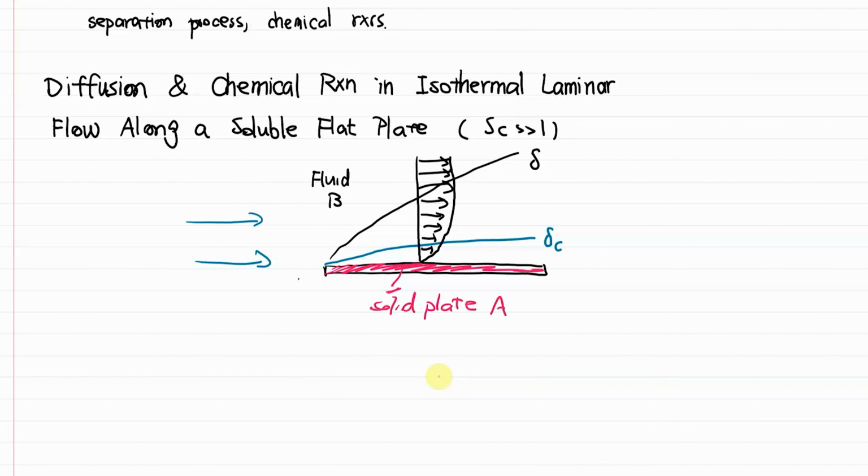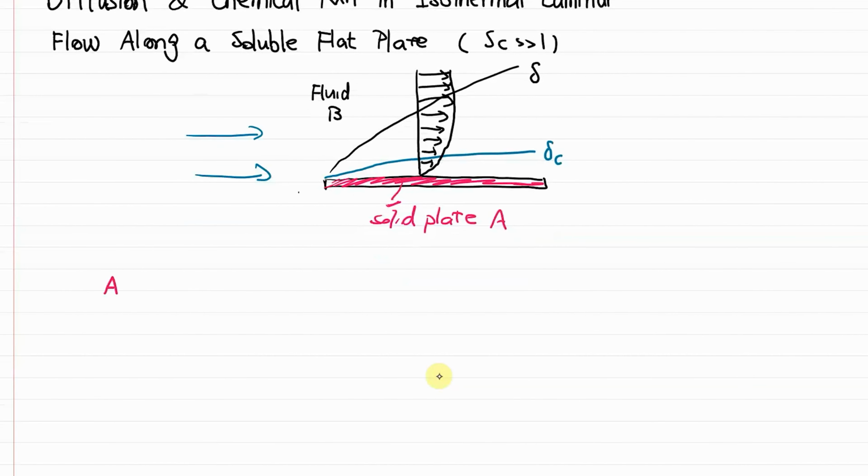And in the description, let's say that A is slightly soluble in B. That means that we can say that the concentration of A, when it's infinitely far away from the surface, can be considered 0.